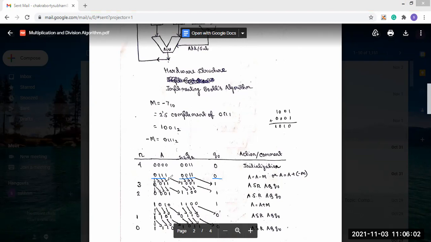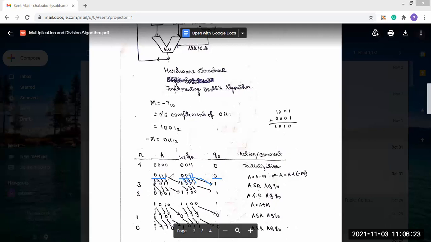So we perform the arithmetic right shift operation. That means the bits will be shifted one position right. This one will go here, this one will go here, this zero will go here, and this 0 will go here.